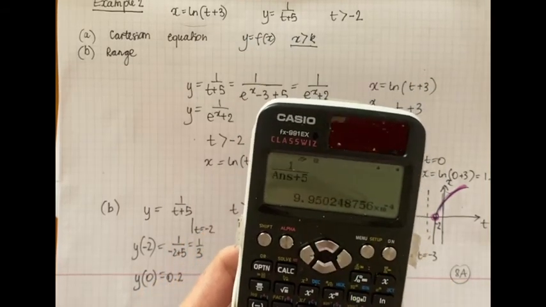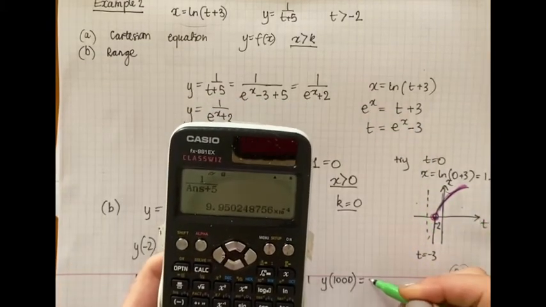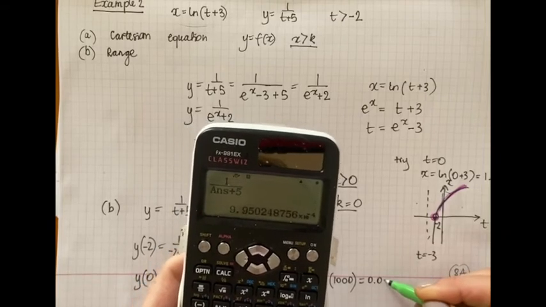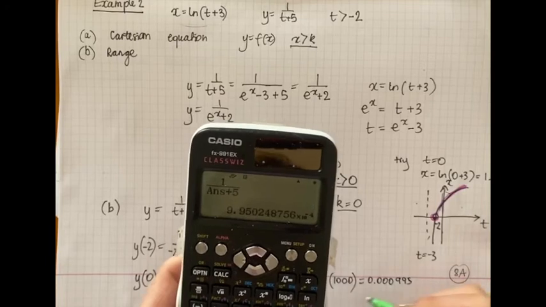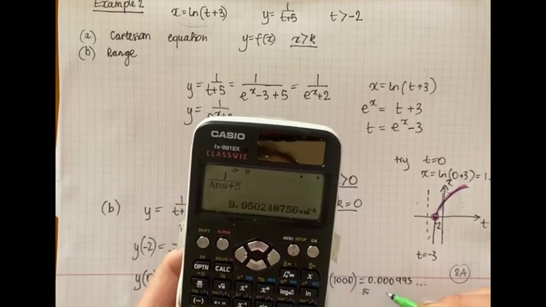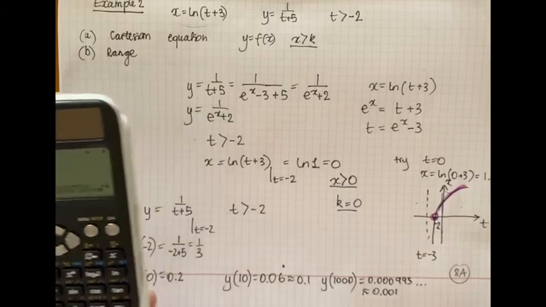This is 9.95 times 10 to the power of minus 4, so 0.0000995, etc. So you can see that it gets closer and closer to 0.